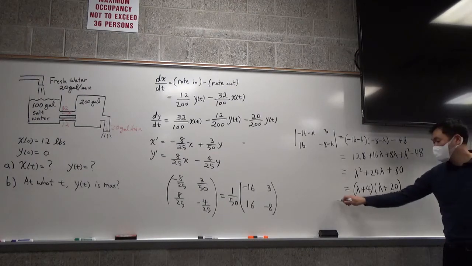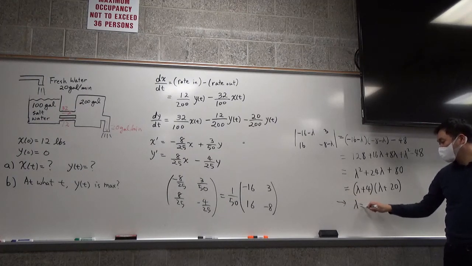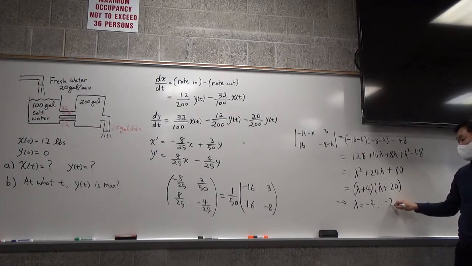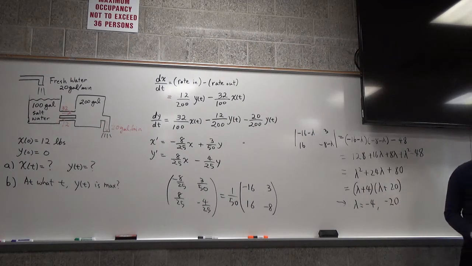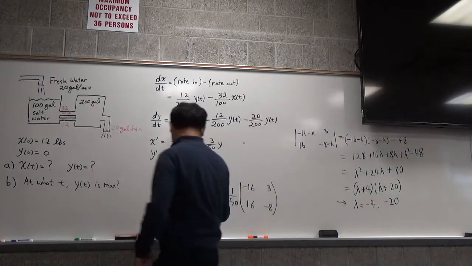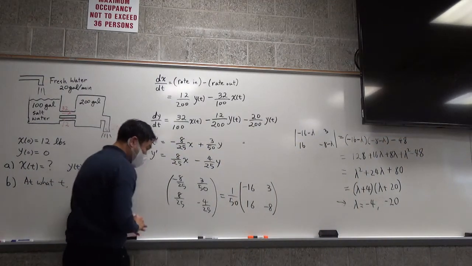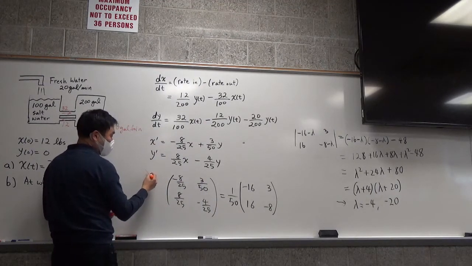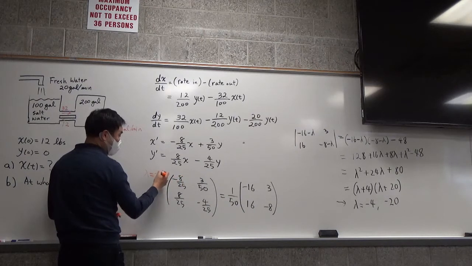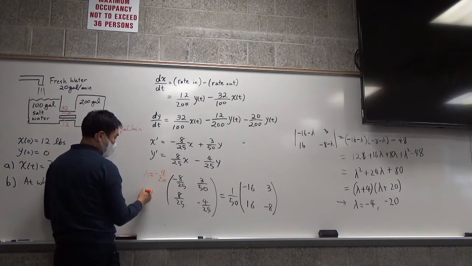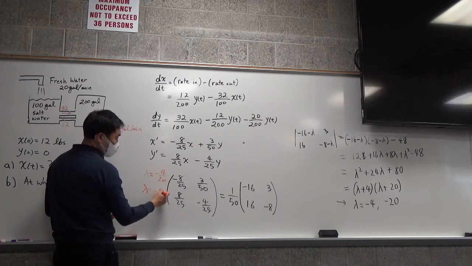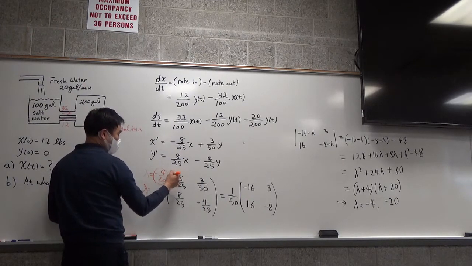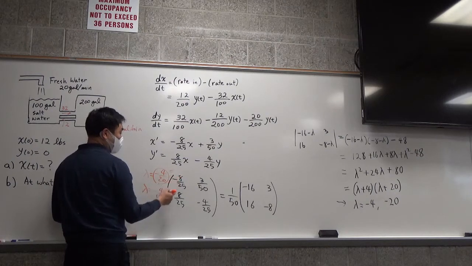So your eigenvalues are lambda equals negative 4 and negative 20. And that means, for this one, the eigenvalues will be 1/50th of what we have, which is negative 4 over 50 and negative 20 over 50.